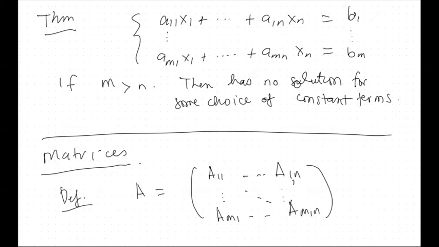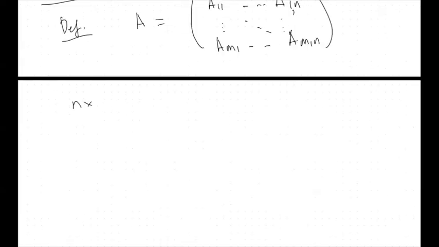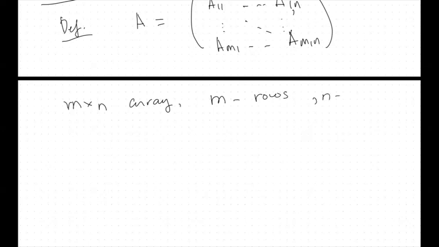And this is a rectangular array. The array is an M by N array, with M rows and N columns.